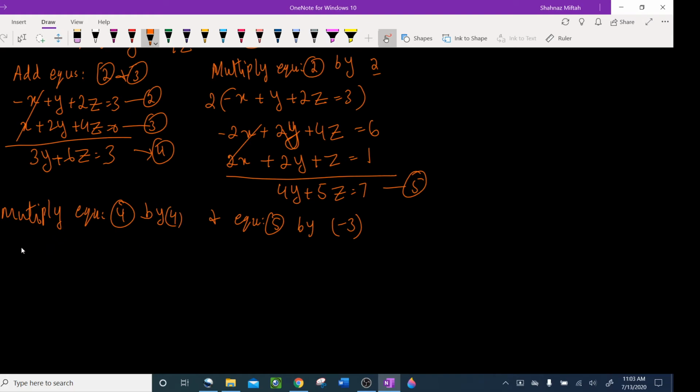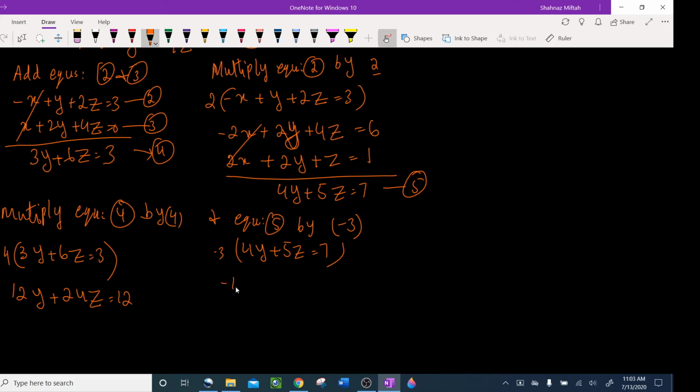So equation 4 is right there, 3y plus 6z equal 3, and I'm multiplying this by 4. 4 times 3 is 12y, 24z, and 12. I'm multiplying equation number 5, which is 4y plus 5z equals 7, by negative 3. So negative 12y, negative 15z, and negative 21.